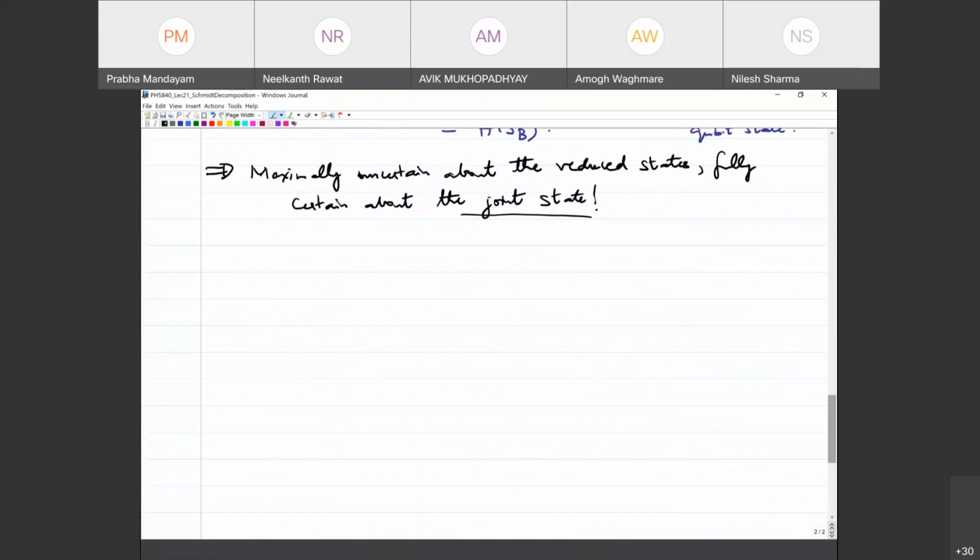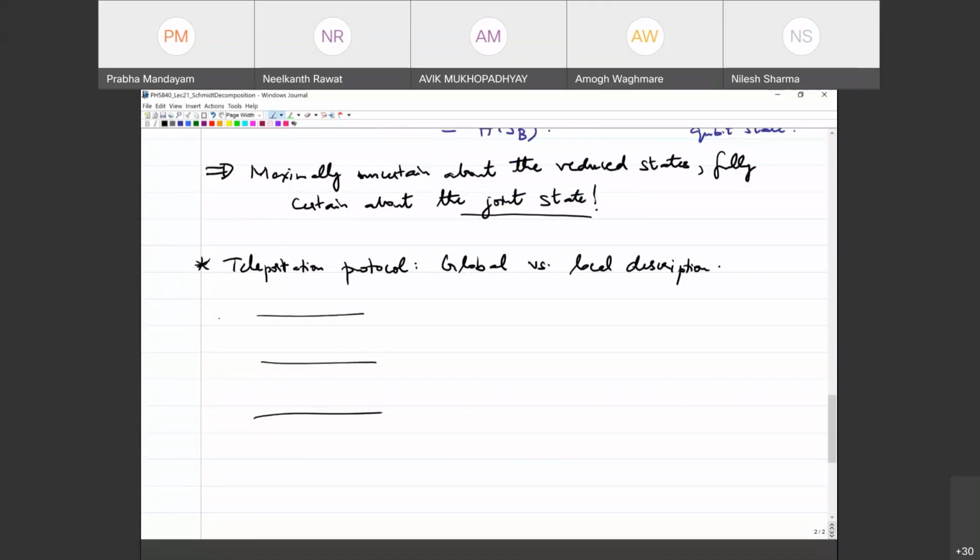So we can again go back to the teleportation protocol and examine it from this global versus local description point of view. So remember that we had these three systems. There was A1, A2, and B. A2 and B were entangled to begin with. This was the unknown state.